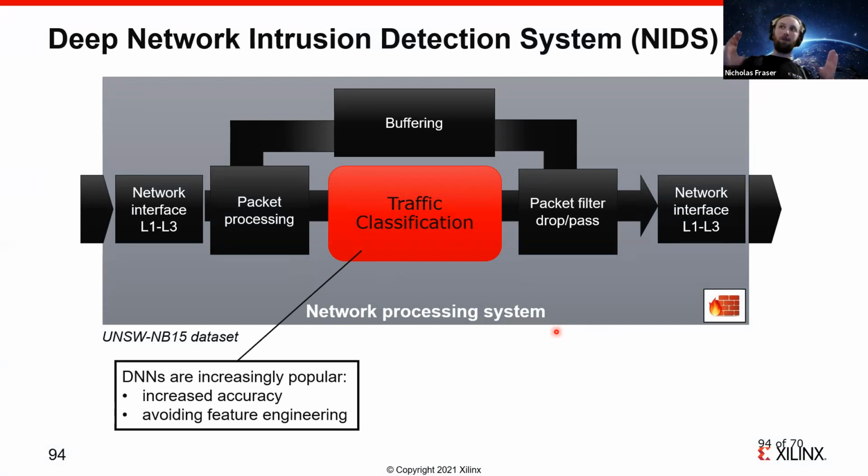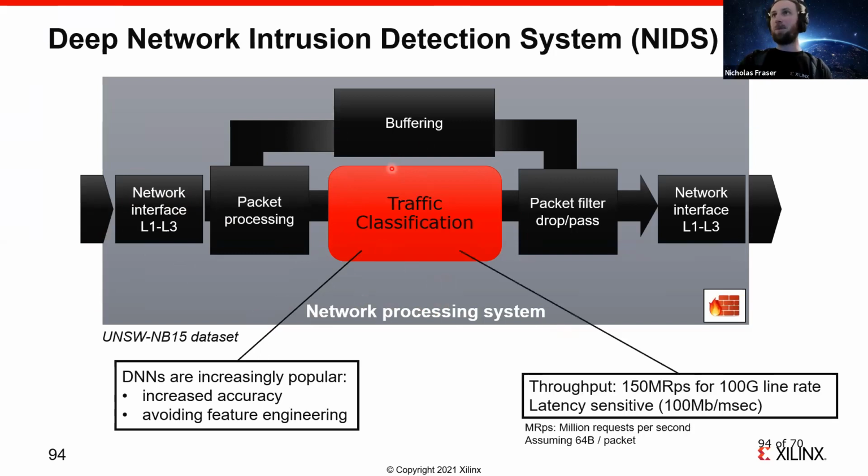So for example, if you're creating a switch or a router, you are retrieving the packets at layer 3 of your network interface, and you can put this through some traffic classification, and it will quickly compute the output.